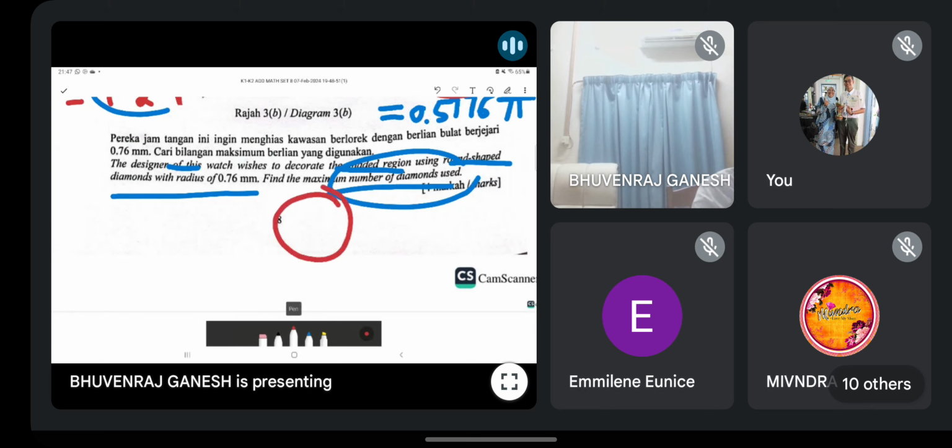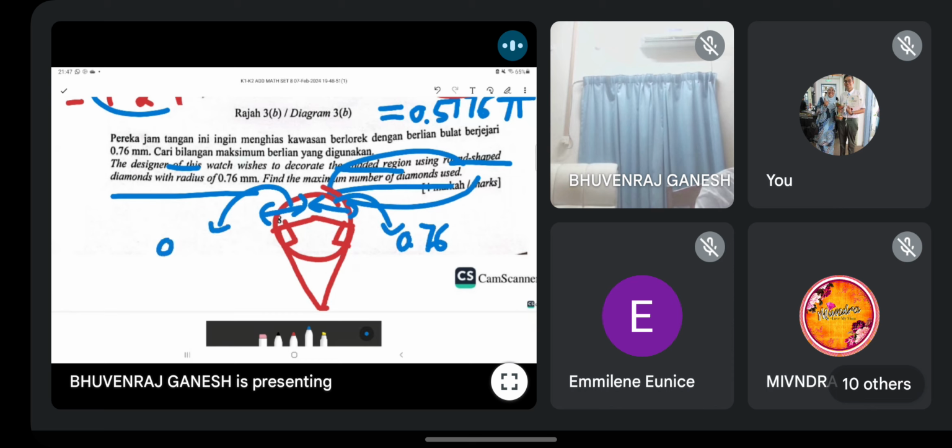They want to see the diamond itself, with the radius 0.76, and then try to form a triangle from there. Now I get it. These two are 90 degrees. This length is 0.76. They want to focus on the diamond first untuk cari beberapa sudut. These two are 0.76 because the radius of the diamond is 0.76.